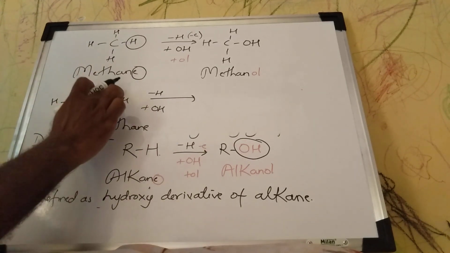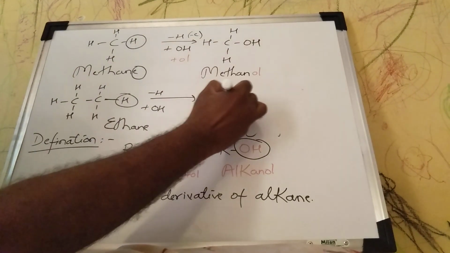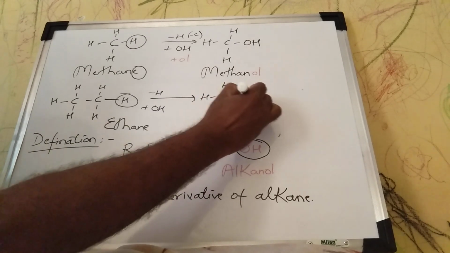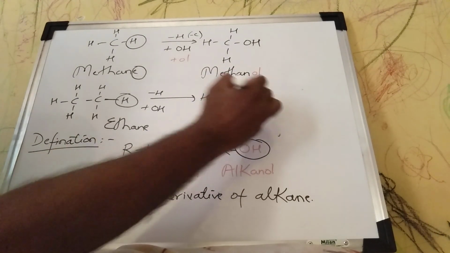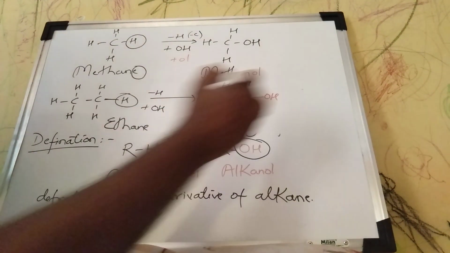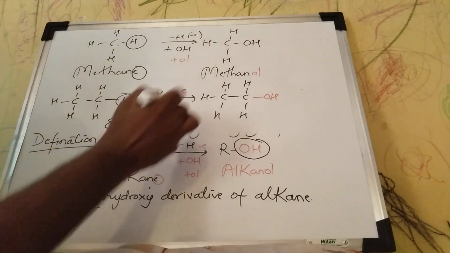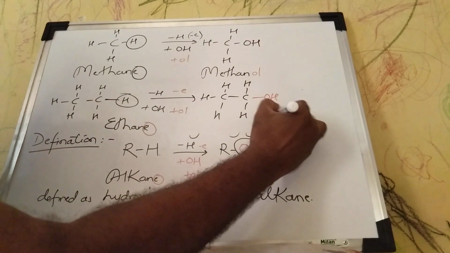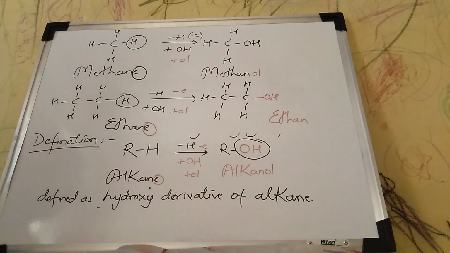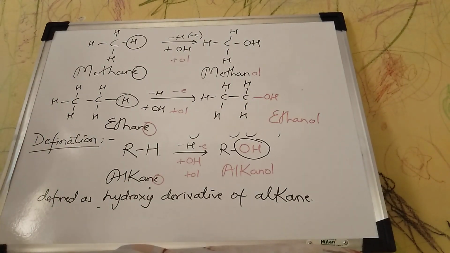This H you remove from here, and in place of that H we add an OH here. So minus E, add OL: ethane, E is removed, you add OL, ethanol. Is it clear? Next, we'll go for the classification.